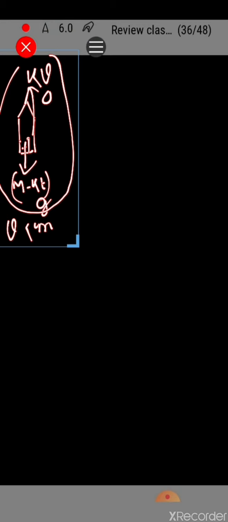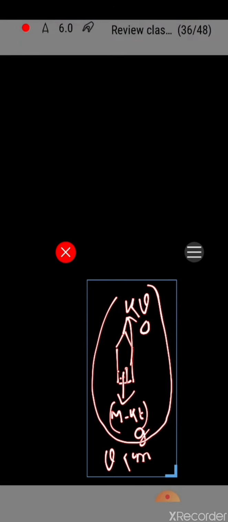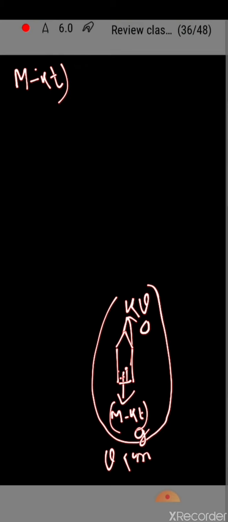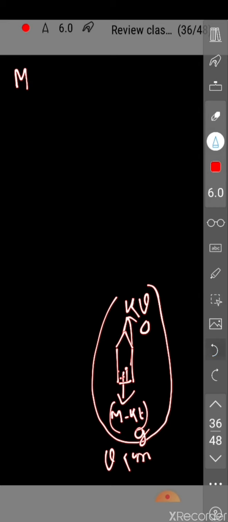First, I will take the upward direction as positive.